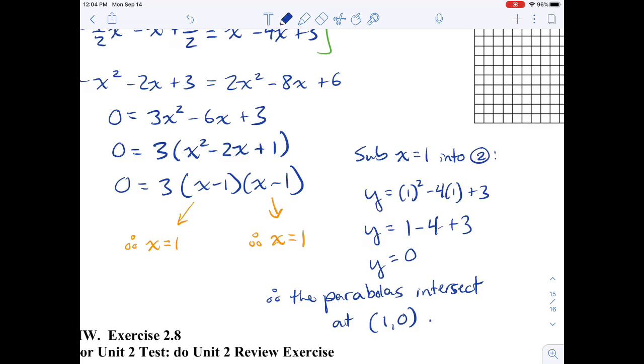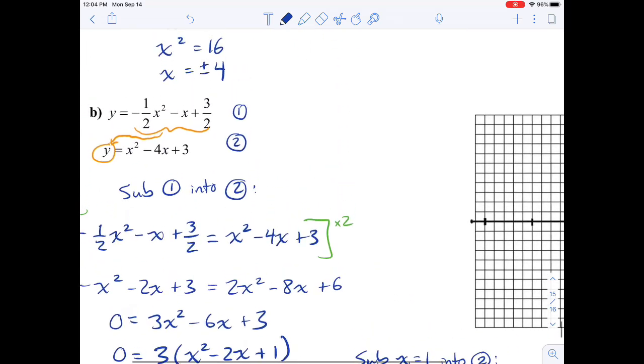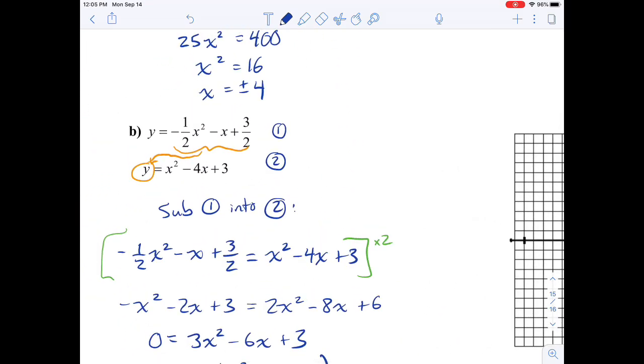Take a minute now and try and graph those two quadratics out, and then I'm going to just jump ahead and finish by showing you what mine looks like. So try and do it independently first, pausing the video at this stage, and then I'll show you what mine looks like. But just keep in mind, you will have to do a little bit of extra work in order to graph these.